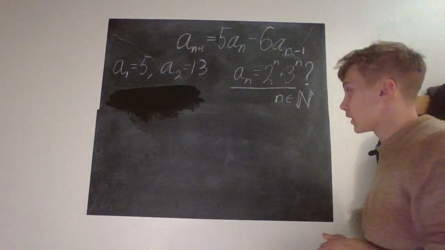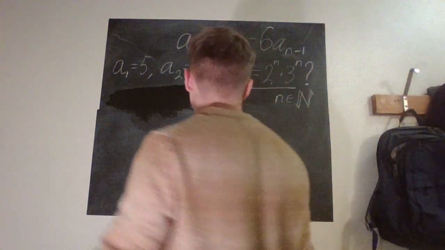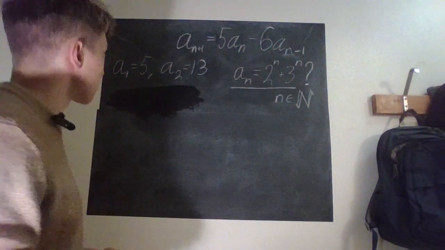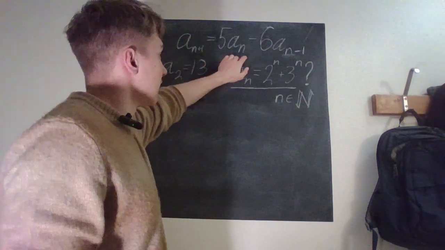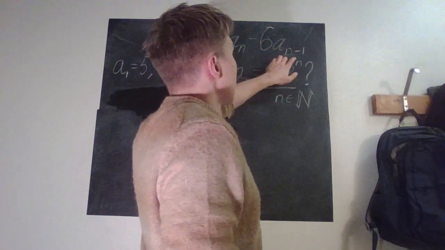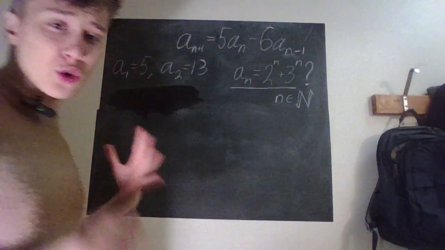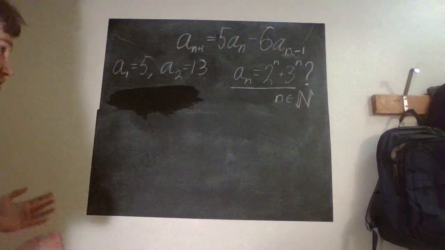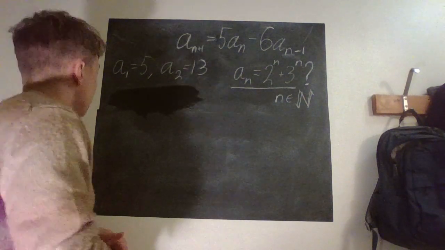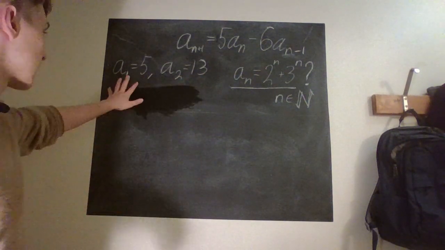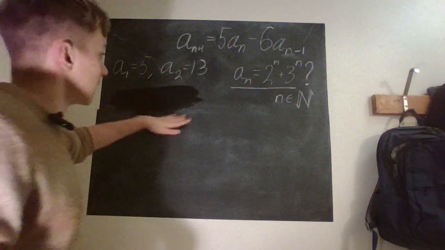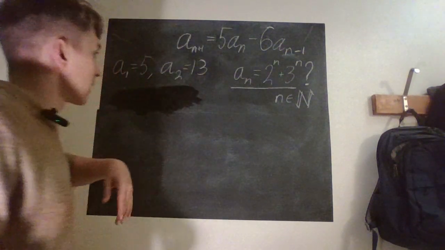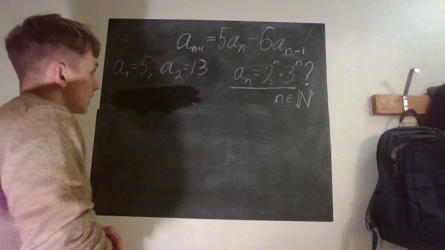So what are we doing here? Firstly, we have a recursion. a_{n+1} is equal to 5a_n minus 6a_{n-1}. So we have a recursion based on the two previous values, and we have some starting positions here, because we have to do two, since we're referring to two previous values.